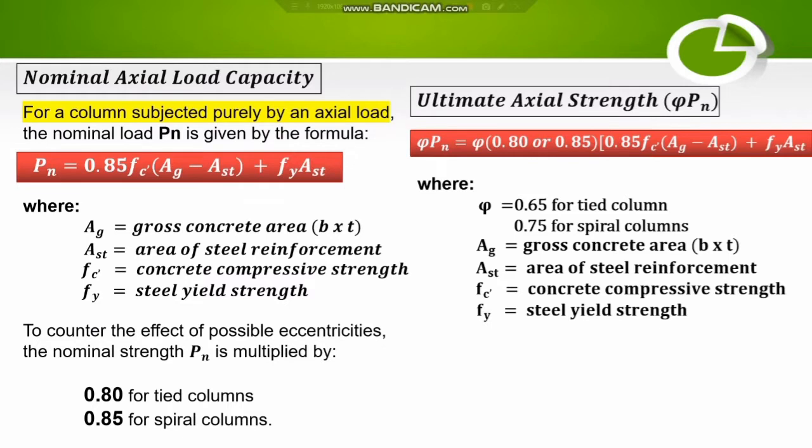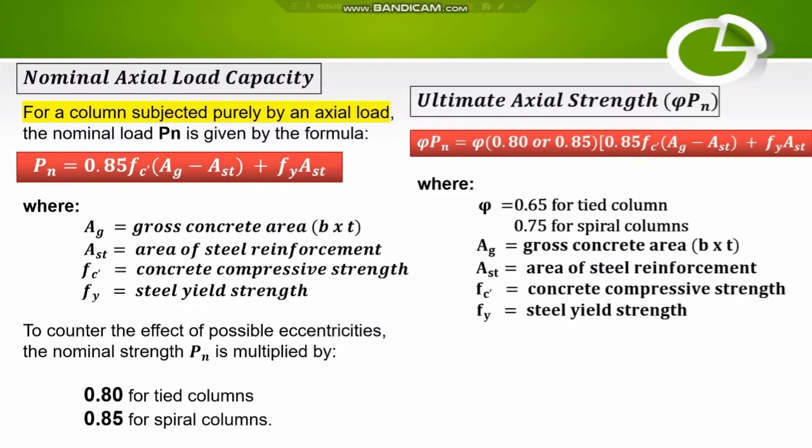The next topic is the nominal axial load capacity. Take note that for a column subjected purely to an axial load, or the loads induced in that particular column are purely axial, the nominal load Pn is given by the formula: Pn is equal to 0.85 Fc prime times the quantity Ag minus Ast, plus Fy Ast, where Ag is equal to the gross concrete area, which is B times T. Ast is equal to the area of the steel reinforcement.